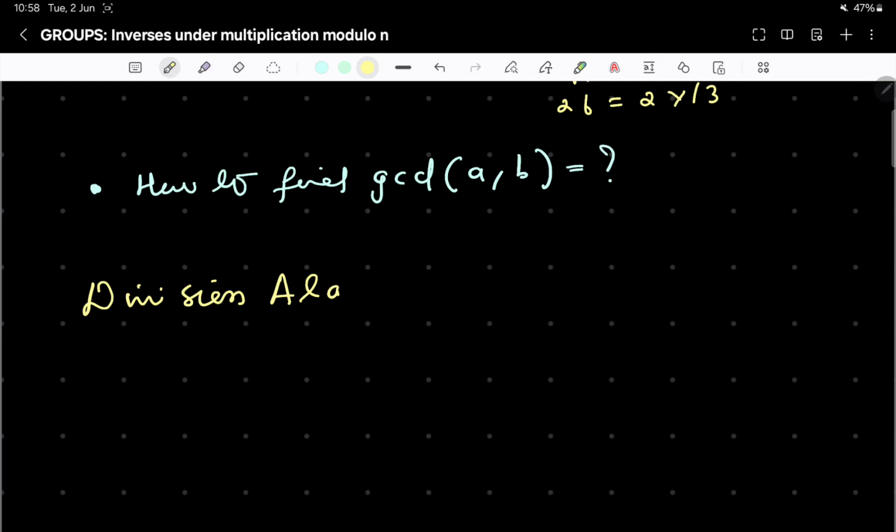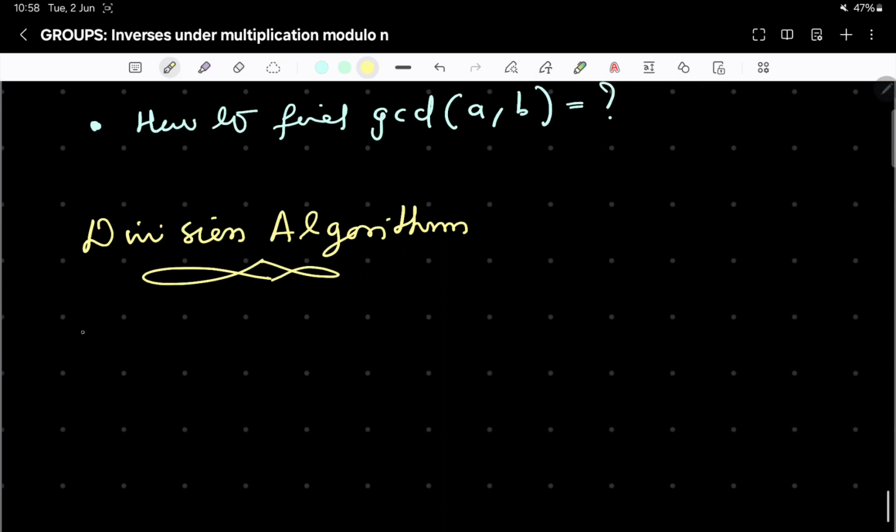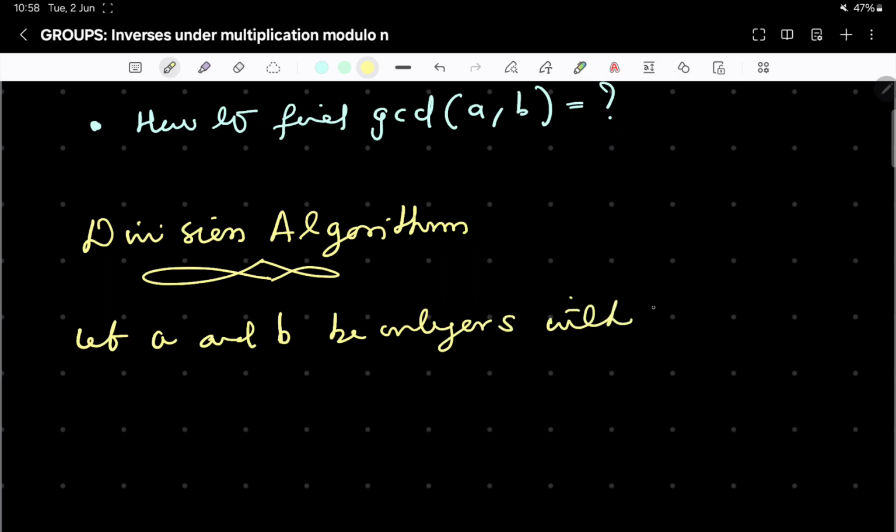Division algorithm. So what is the division algorithm? Let A and B be integers with B positive.